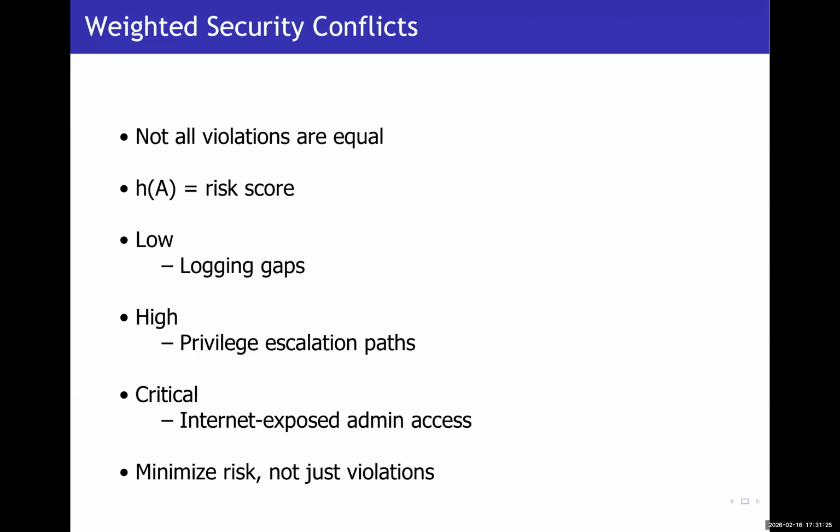By defining h(a) as a risk score, we can weight different types of violations according to their impact. The objective is not merely to eliminate the largest number of violations. The objective is to minimize overall risk. This reframes constraint satisfaction as risk optimization, which better reflects real security priorities.